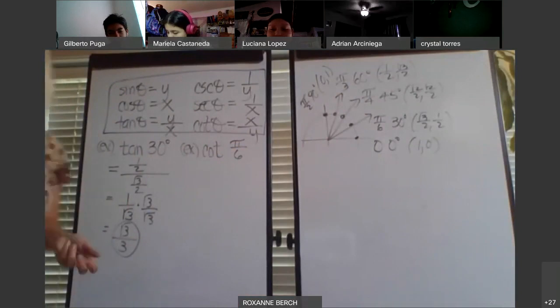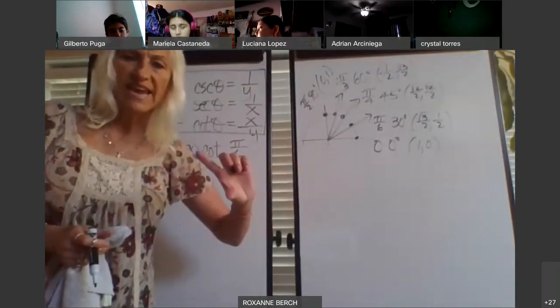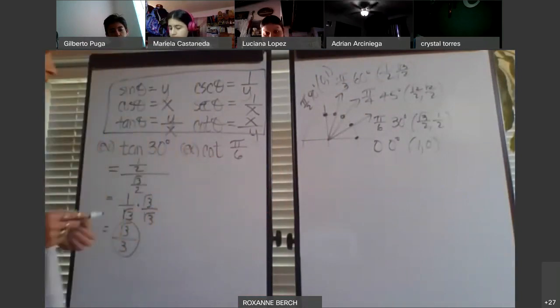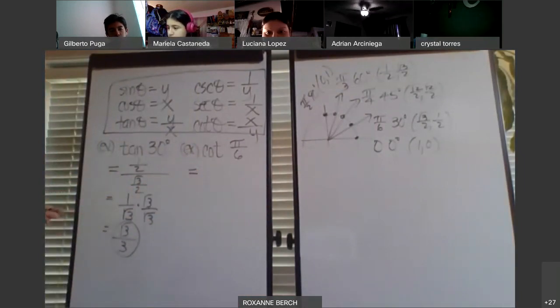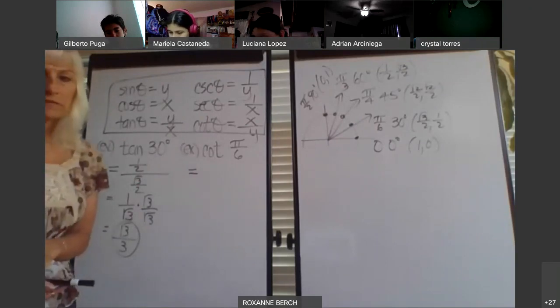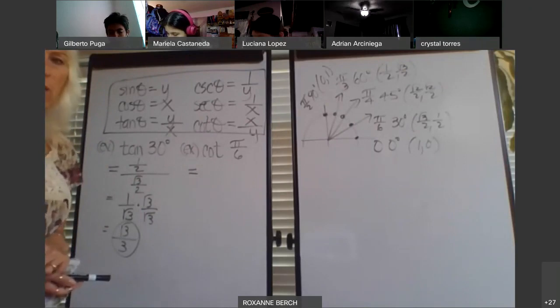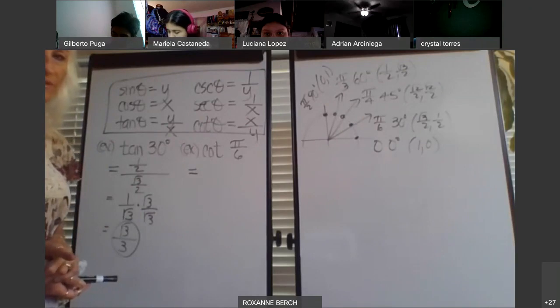Okay, now remember, when you see cotangent, you're thinking tangent, and you just have to take the reciprocal, right? So you're not writing y over x, you're writing x over y. And then you're simplifying.